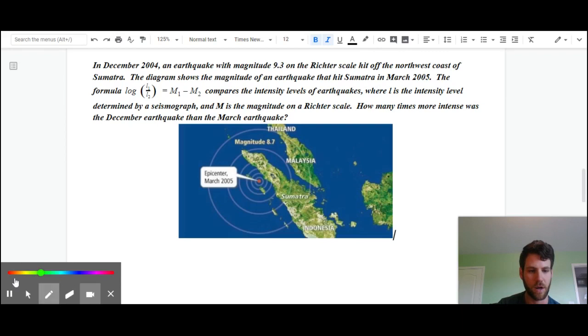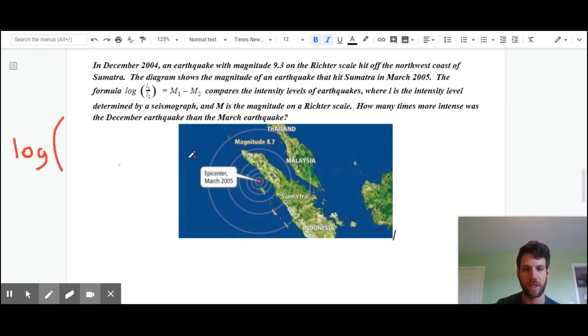So let's start by writing out our logarithm here. So we have a logarithm, and we have a division of two intensities.